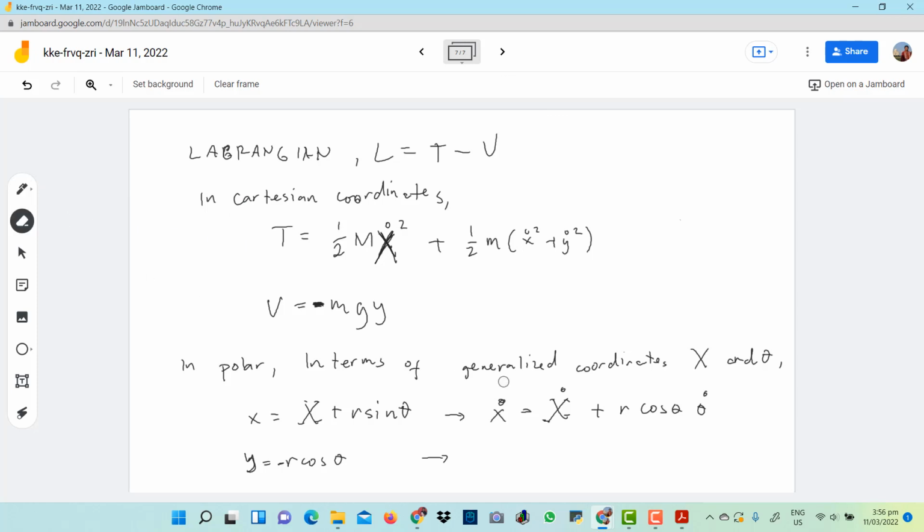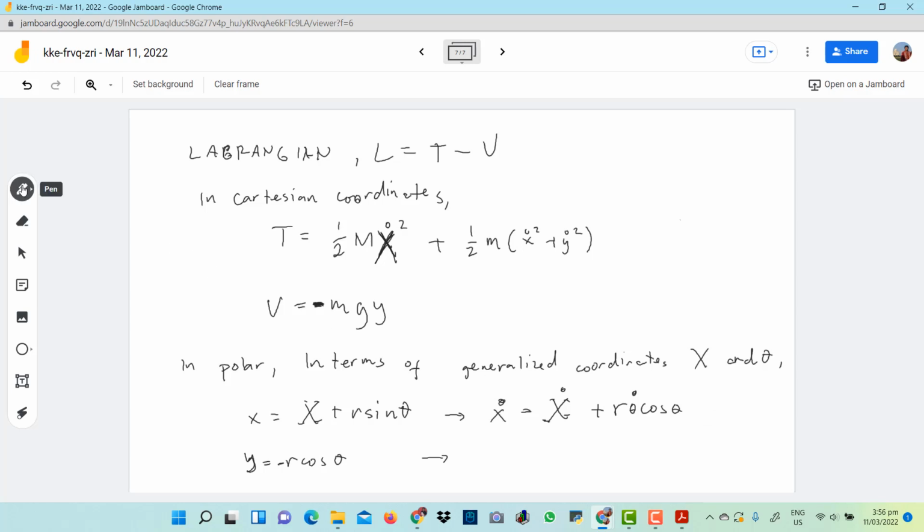Sakto? So, therefore, r cosine of theta times theta dot. Pwede na ko ibutang ang theta dot dira. So, r theta dot cosine of theta. Para dili maglisod later, basi masulod din ang theta dot sa cosine.